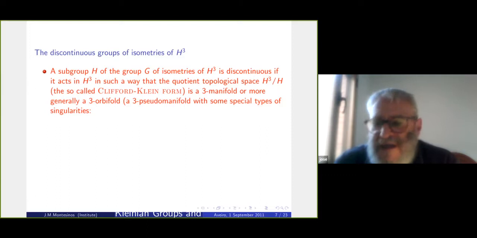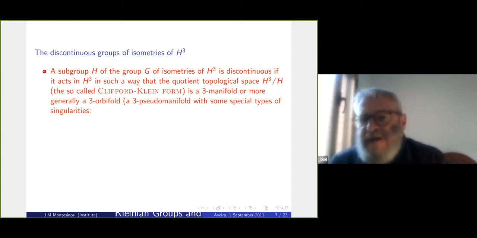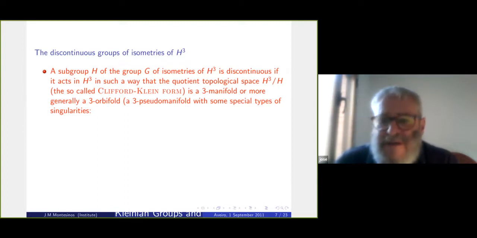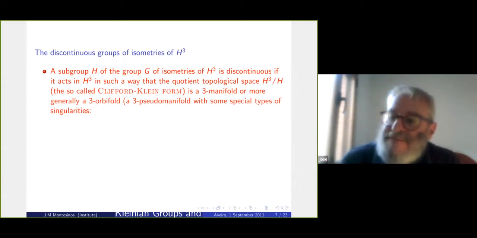So let's say that a subgroup H of the group of isometries of H3, of, say, orientation preserving isometries, is discontinuous if it acts in H3 in such a way that the quotient topological space by the action, which is the so-called Clifford-Klein form, is a three-manifold, or more generally a three-orbifold.